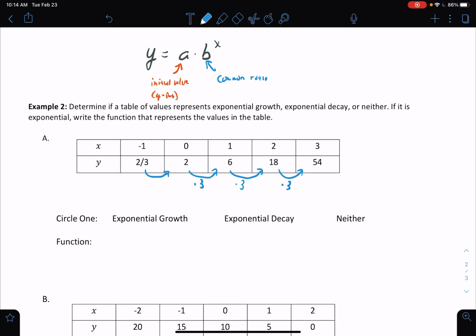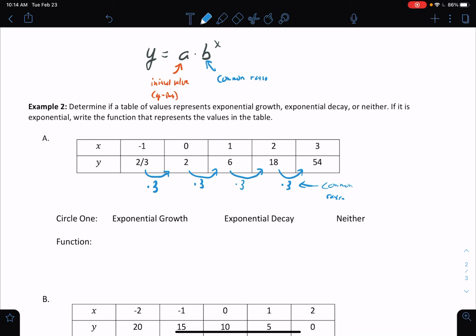What about 2/3 times 3? If I multiply 2/3 by 3, I get 2. So you see this common ratio as we're going from column to column. Our y's are being multiplied by 3.